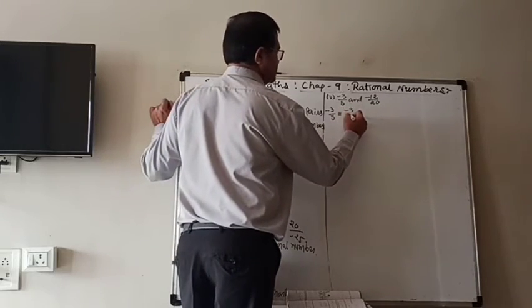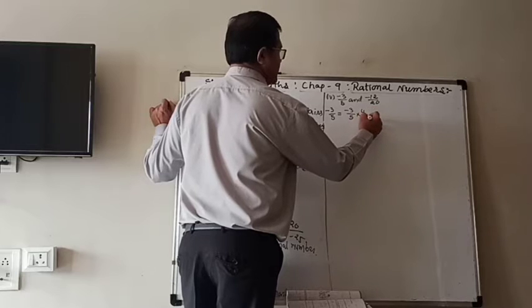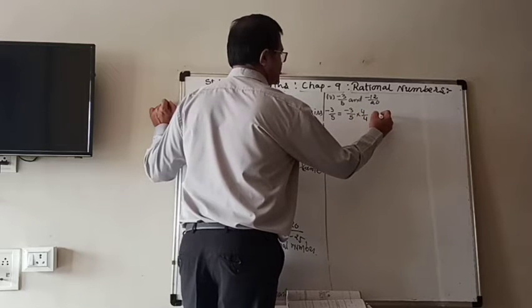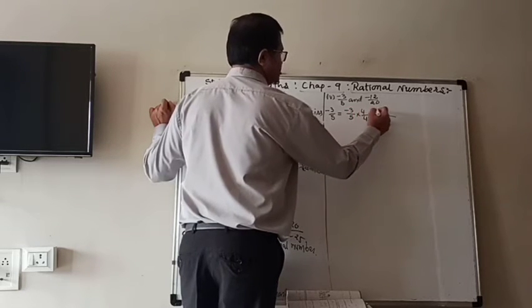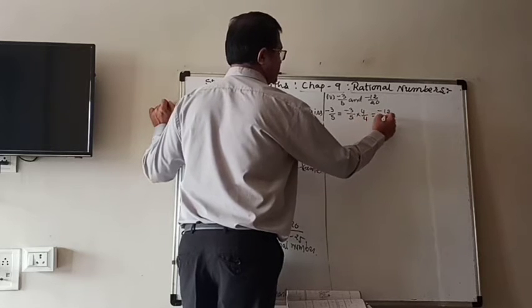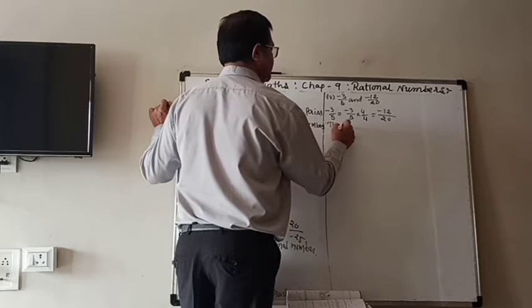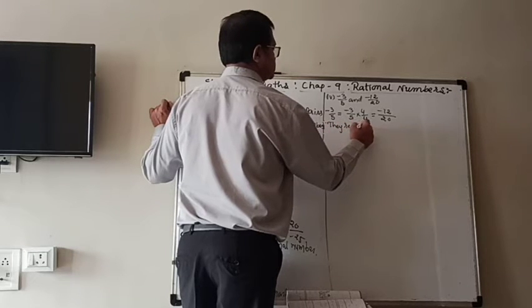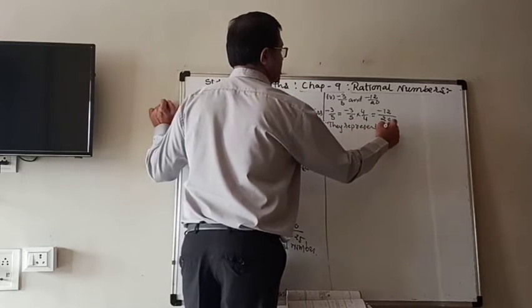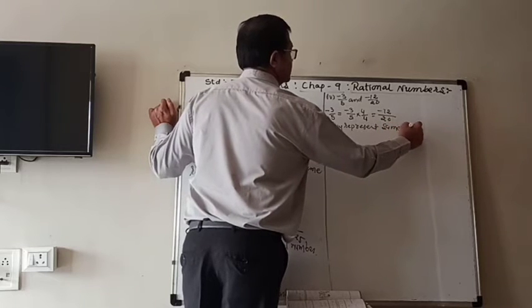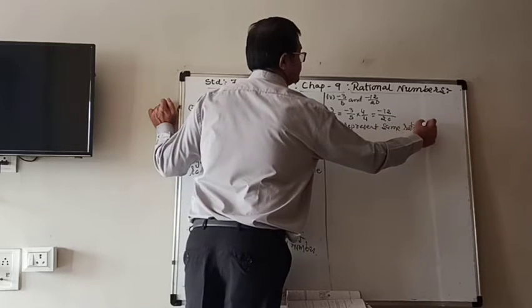Minus 3 upon 5 multiplied by 4 upon 4 is equal to minus 3 fours are minus 12 upon 20. So they are same, therefore they represent same rational number.